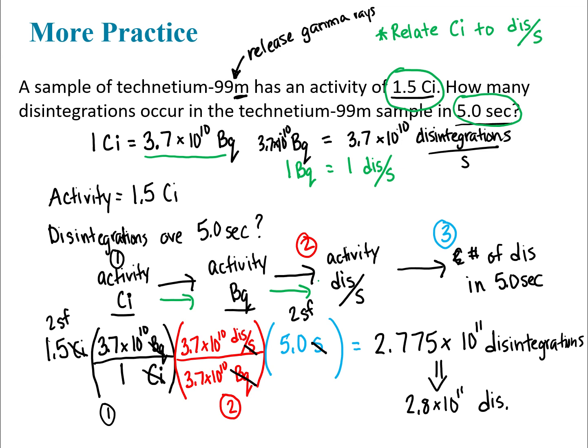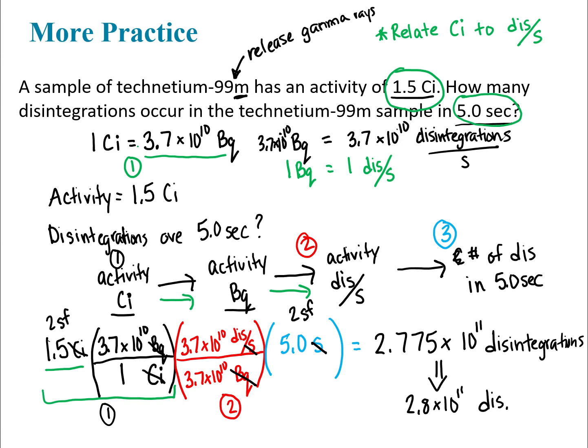We're going to take our activity in Curies and convert it to becquerel. So we use that equality. 1 Curie is equal to 3.7 times 10 to the 10 becquerel. Now you have your activity in becquerel.